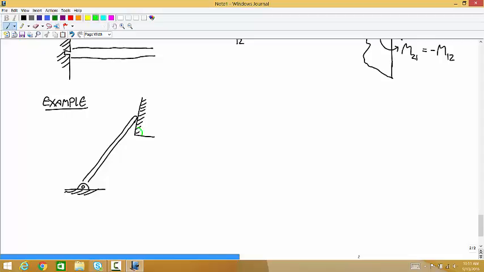This angle is 80 degrees. This angle is 60 degrees. And the length of the beam is 1/2 meter. And the beam has a mass of 100 kilograms.